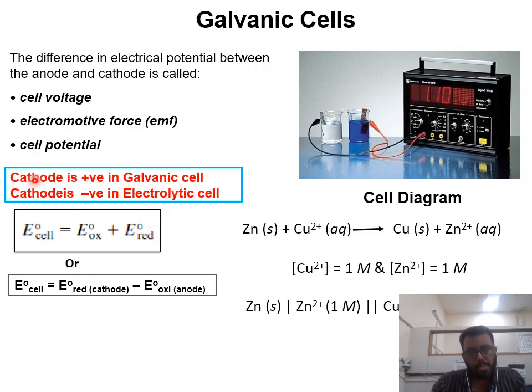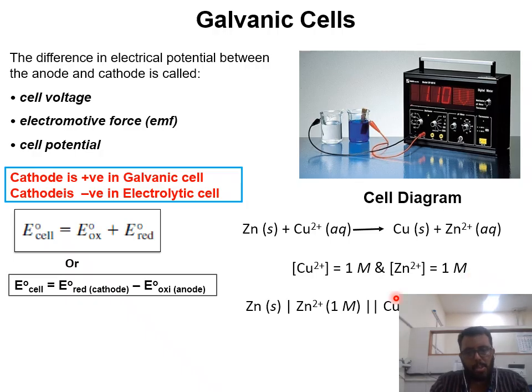This is the difference. So E naught cell is equal to E naught oxidation plus E naught reduction, or you can say E naught cathode minus E naught anode. Okay, either reduction or oxidation, you can use any one term, and you can calculate the EMF of the cell, 1 molar.